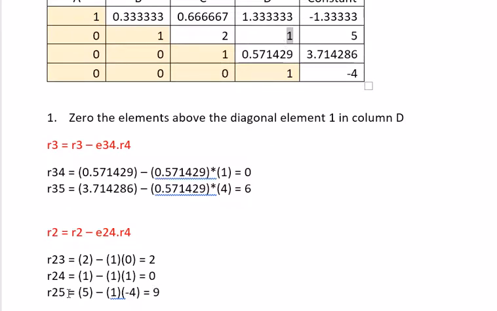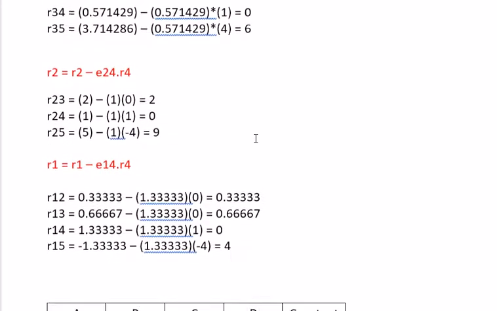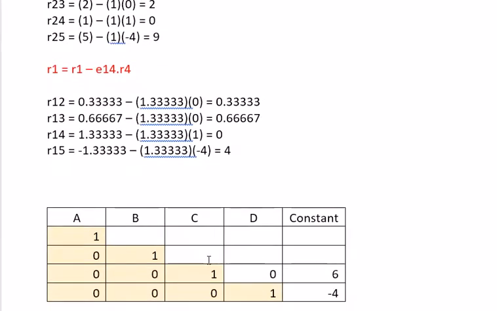And the new value of R25 is 5 minus the constant, the element in the second row, fourth column, 1, times the value of row 4, which is negative 4, that will give you 9. So putting the values derived, we have here 2, 0, and 9.